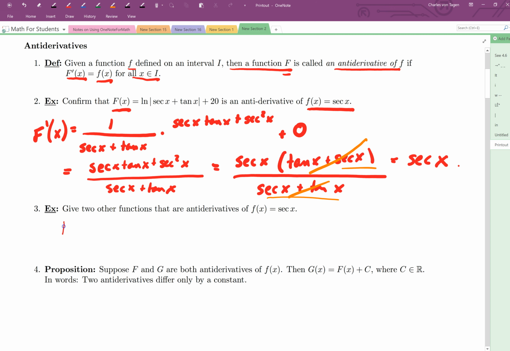I think that one antiderivative is capital F of x equals the natural log of the absolute value of the secant of x plus tangent of x plus 30. I think that if I take the derivative of this, I will also get secant x. Do you agree? So you go ahead and give one more function that also has as a derivative the secant of x. So pause the video and do so.